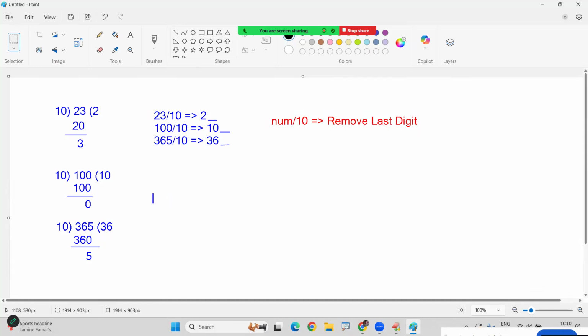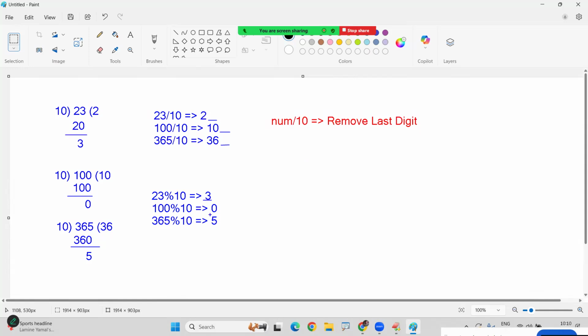In the same way, 23 mod operation with 10. Look at the remainder, 3. 100 mod operation with 10 is 0. 365 mod operation with 10 is 5. Look at this. In 23, the last digit is 3.